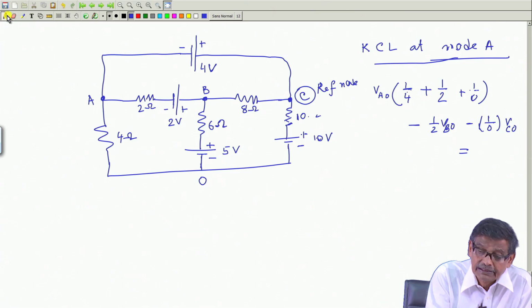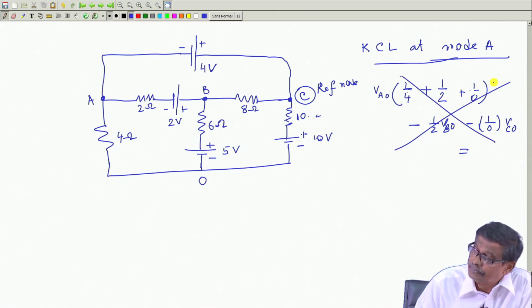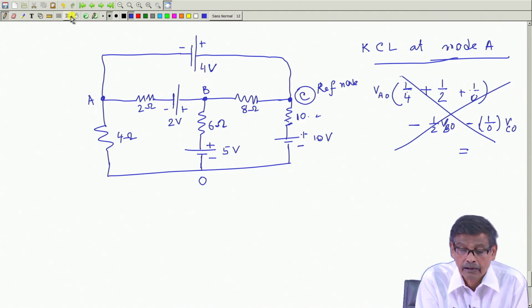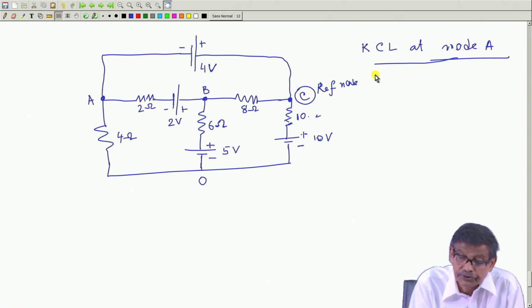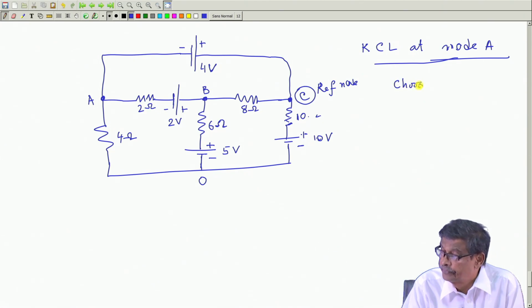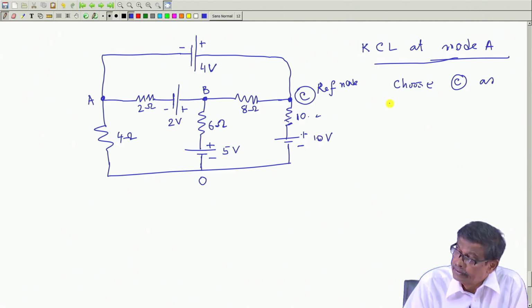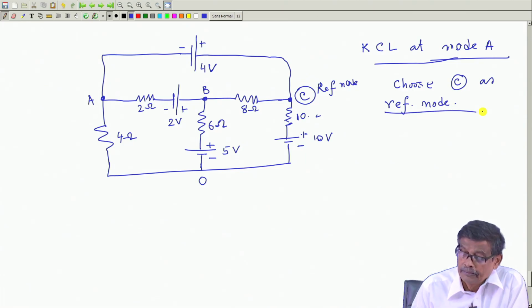Then this is useless, no point in writing this one. So we will be doing it like this then. Choose C as your reference node. Then there are altogether 4 nodes.